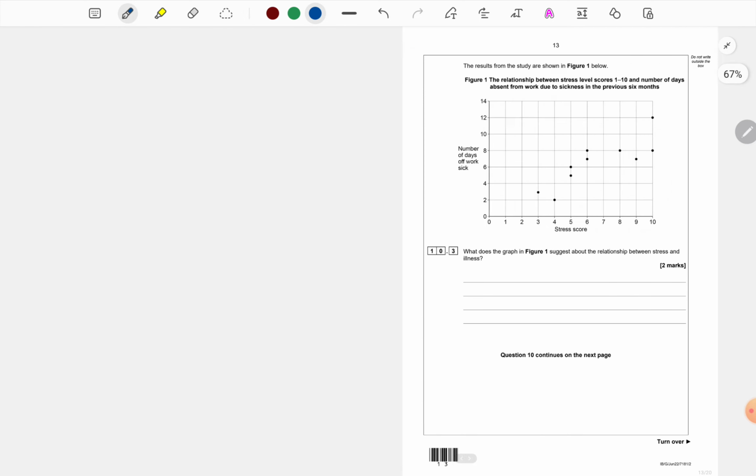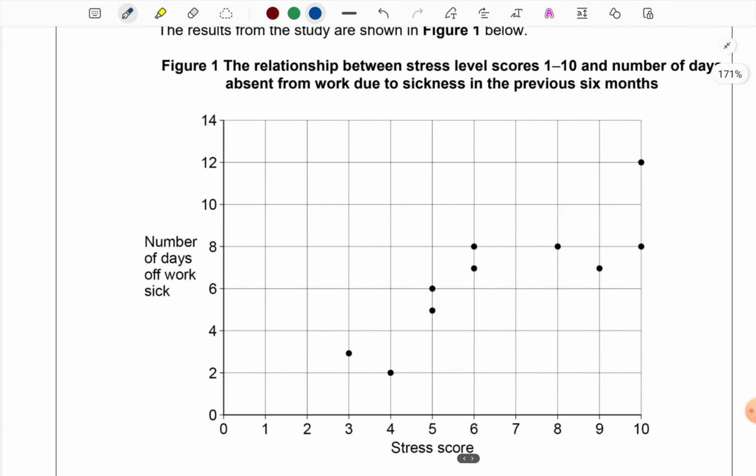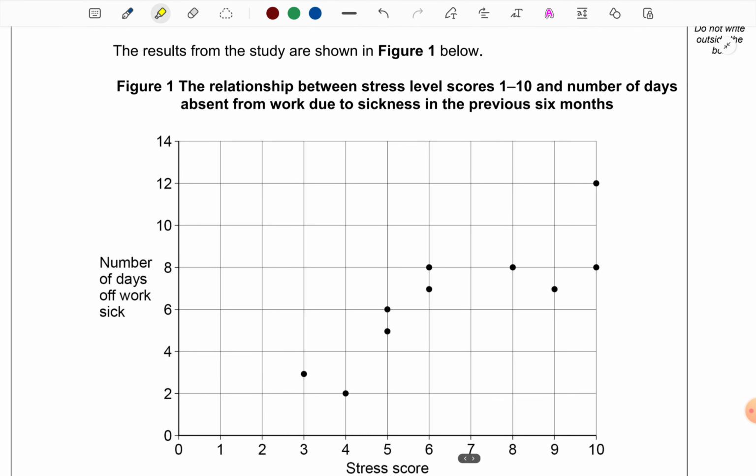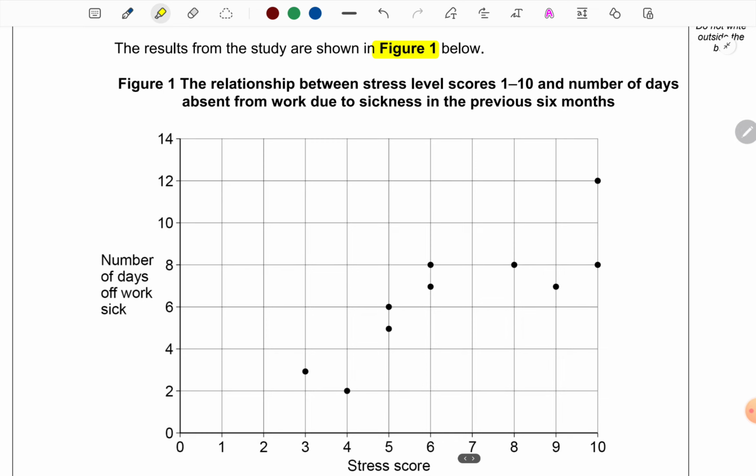Okay, let's come to the next question. The results from the study are shown in figure 1 below. Whenever we have a figure or a table in front of us, first we should read the title. The title says the relationship between stress level scores from 1 to 10 and number of days absent from work due to sickness in the previous 6 months.